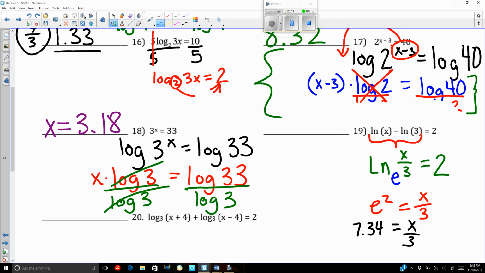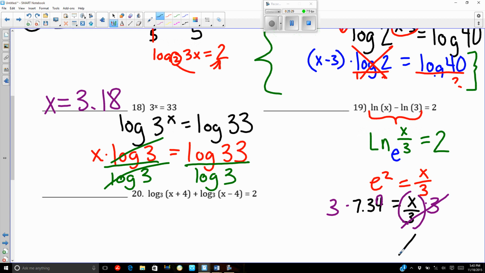And then to solve for x, since we're dividing x by 3, to undo that division, we're going to do the opposite. We're going to multiply both sides by 3. That crosses those out. That's going to leave us with x equals 22.17 is the answer to number 19, because 3 times 7.39 is approximately 22.17.